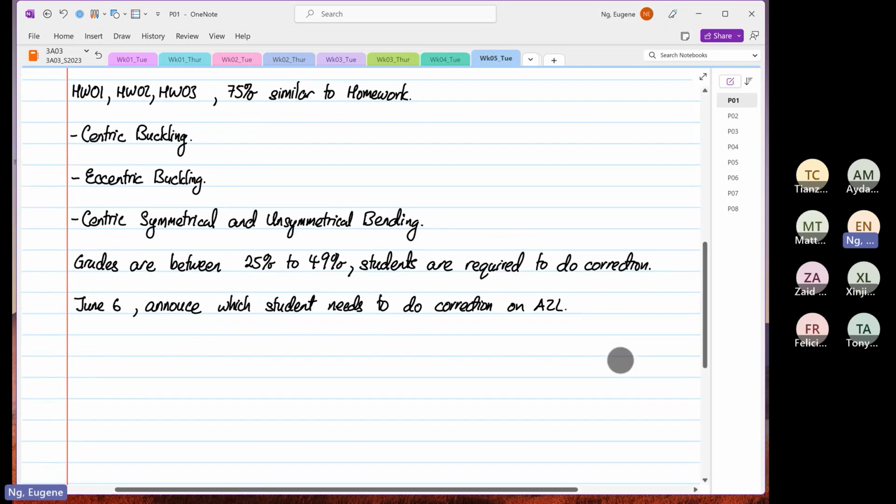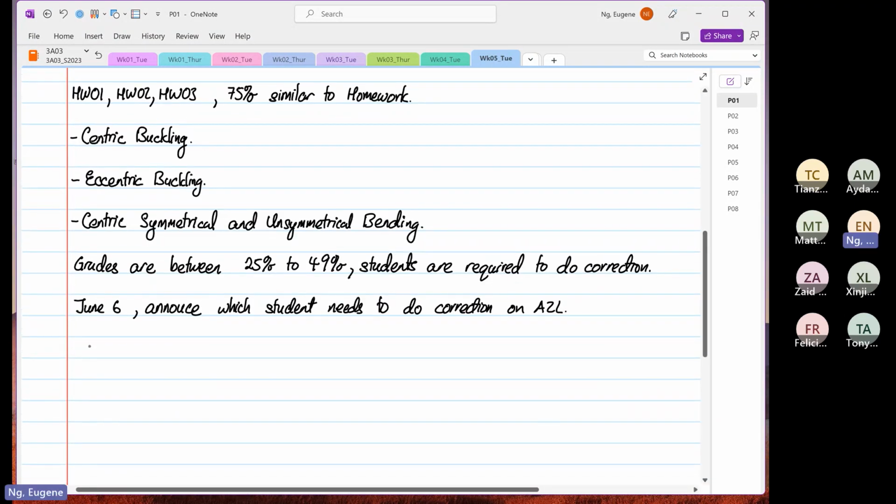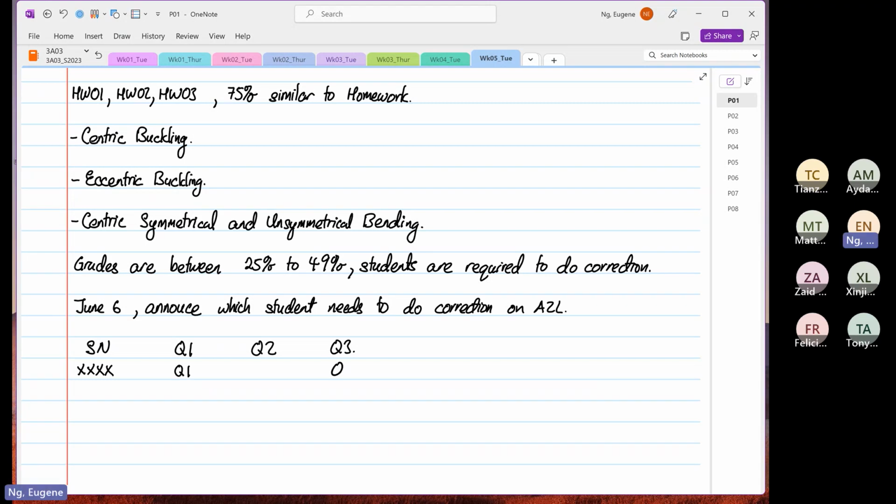What will happen is a column will come out on June the 6th, with student number, question 1, question 2, and question 3. If you fail or get between 25 to 49%, you will see your student number, and you will see question 1 and question 3. What it means is that for your correction, you have to do question 1 and question 3. Let's say the next student only sees question 1, it means you need to redo question 1.